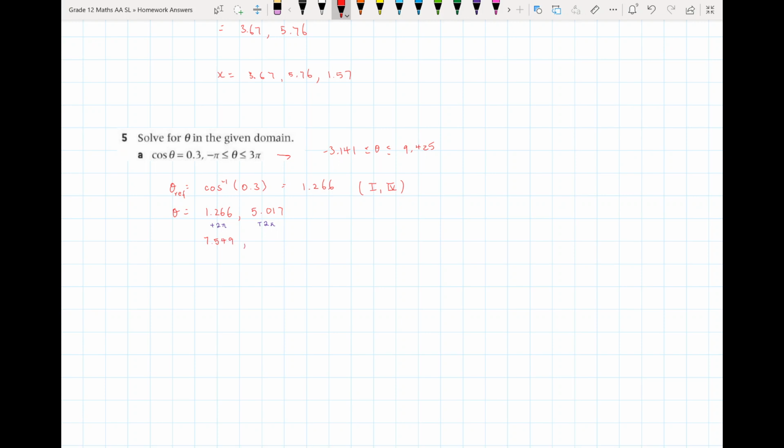And for the second one, it will be 11.30. So you notice that this goes above 3 pi. So therefore, we will keep the other 3 angles. So now we can round this to 3 sig fig.